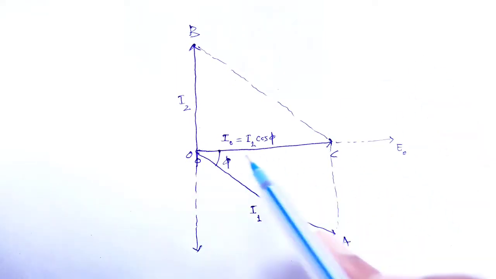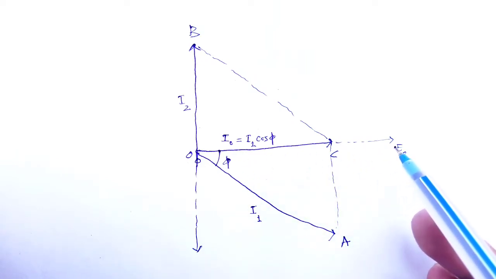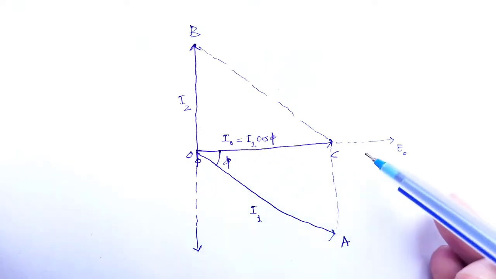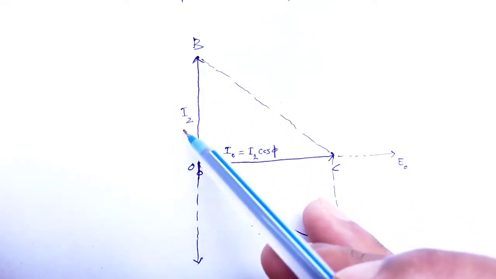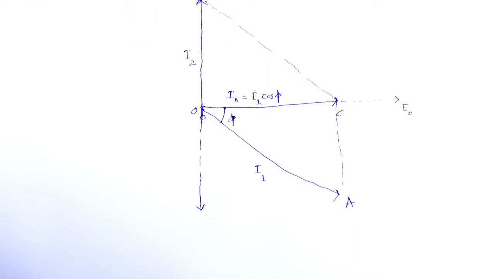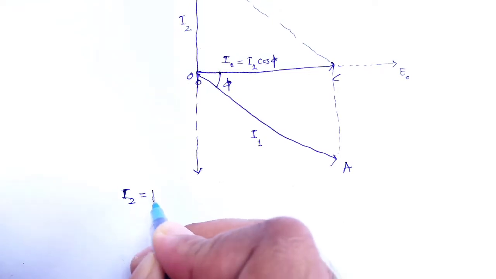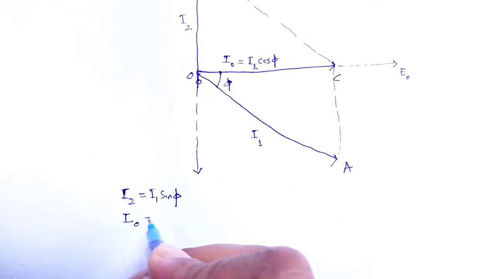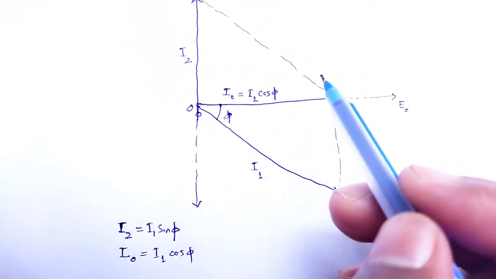The diagonal OC will lie along the direction E naught, and the components of I1 along OB, that is I2, is equal to I1 sin phi, and I naught is equal to I1 cos phi, that in that figure.